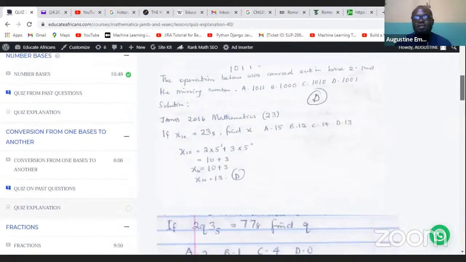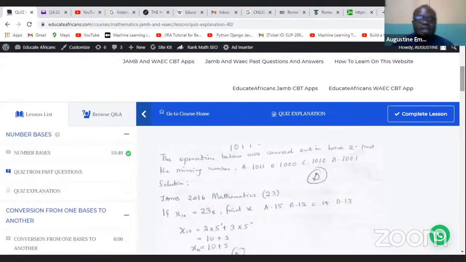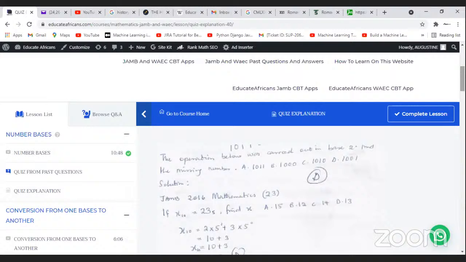Then the third one is to give an example of how you can convert from one base to another. Convert 432 base 5 to base 10.